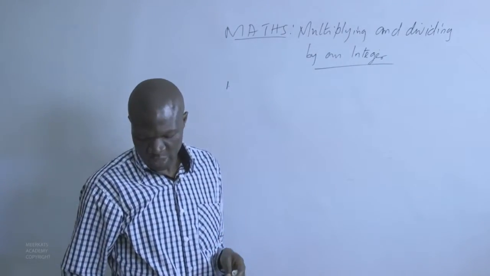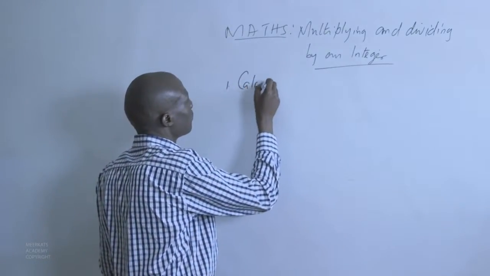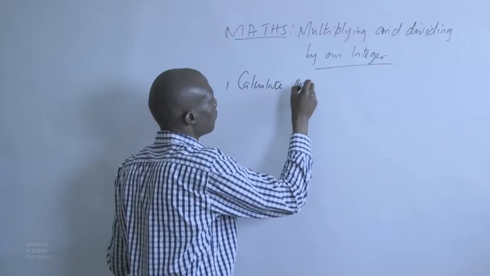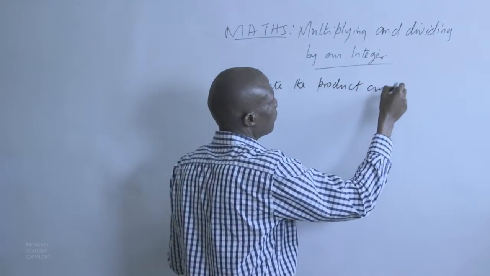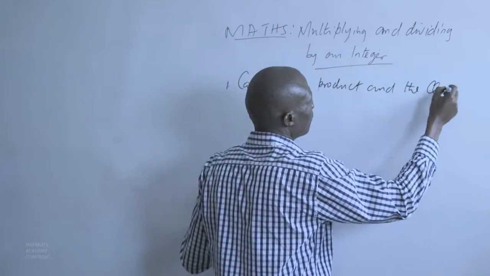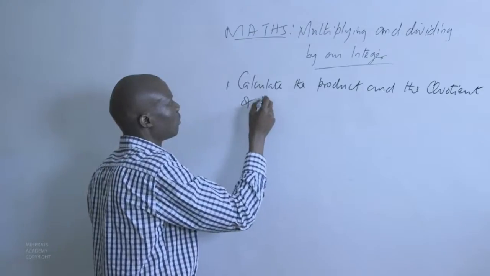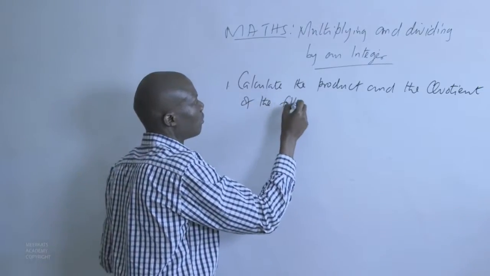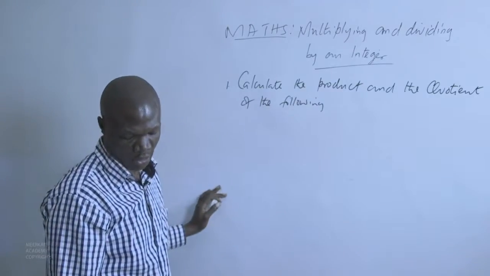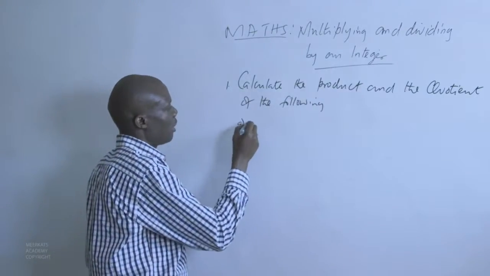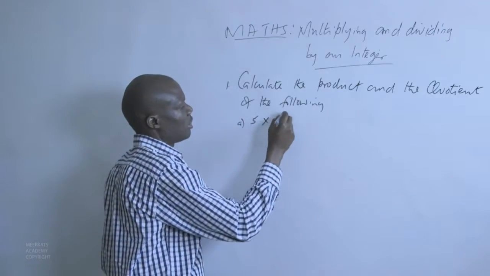Calculate the products and quotients of the following. A, we have 5 times negative 6.